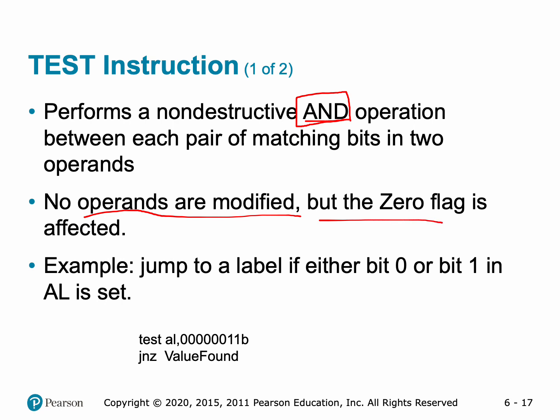So for example, this says jump to a label if either bit 0 or bit 1 in AL is set. So this would jump in JNZ, jump if not 0. It would jump to this value right here. But because we did TEST, AL does not get changed. So we're testing it. It's doing an AND, but AL is not affected.